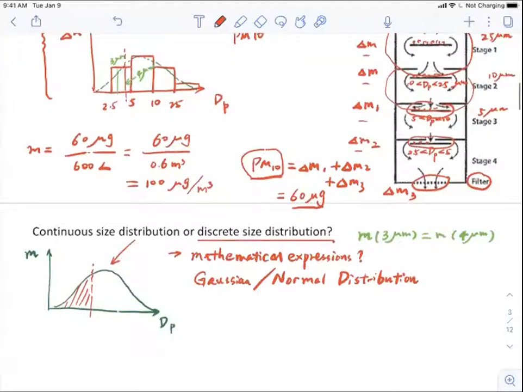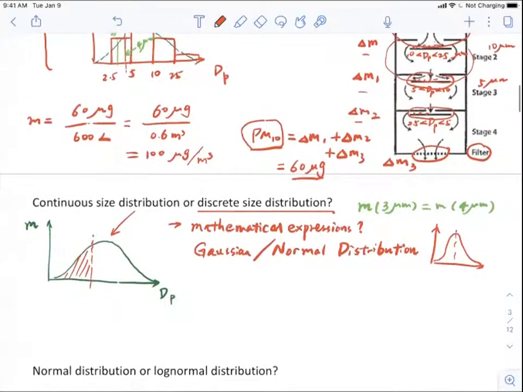It is quite straightforward, right? Because if you recall, the normal distribution is going to have this bell-shaped curve. It's going to have the highest concentration in the middle, and then the values are going to be lower at the two ends of the distribution. And this is indeed what people first came up with. They came up with the Gaussian distribution to approximate the size distribution of aerosols in the air.